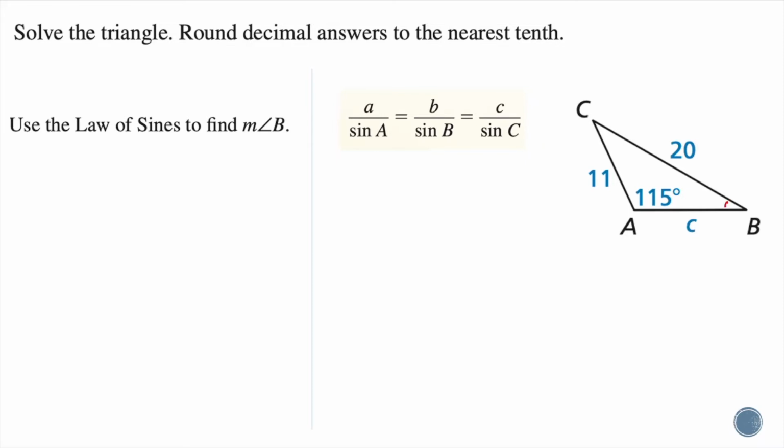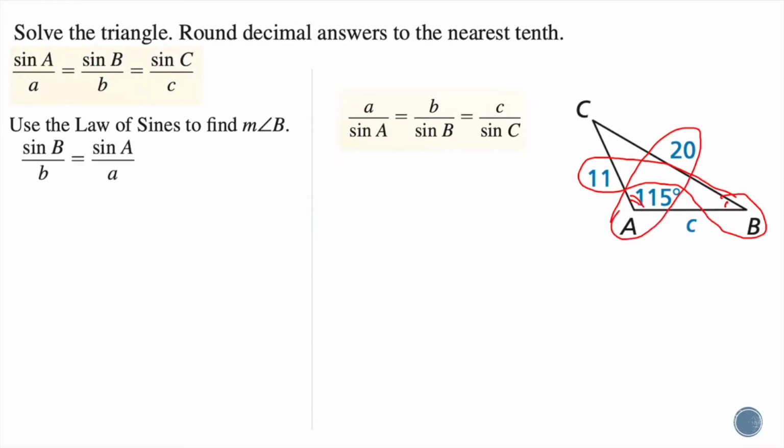Angle B has to do with the opposite side, 11. What other information do we have? Well, we have angle A and the opposite side, 20.